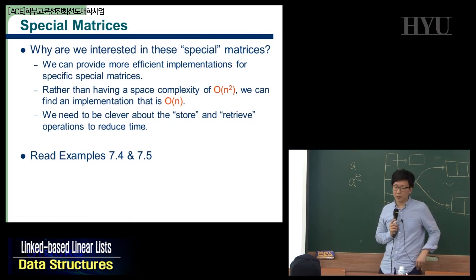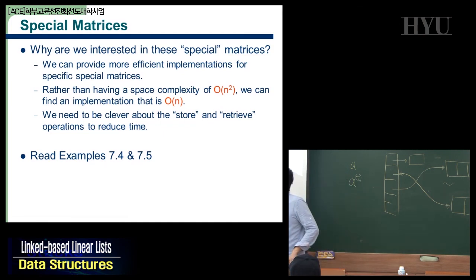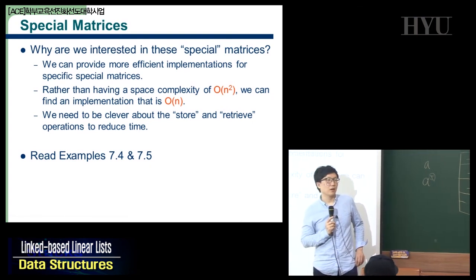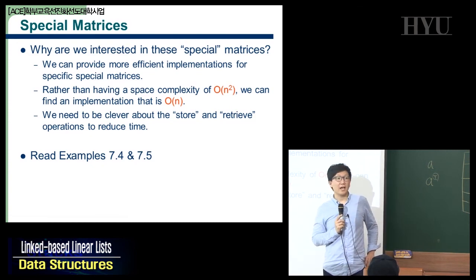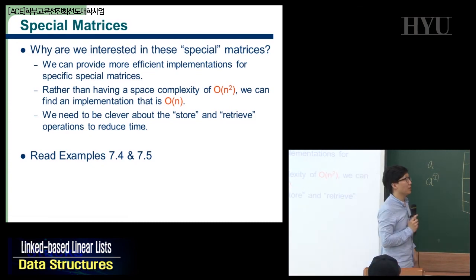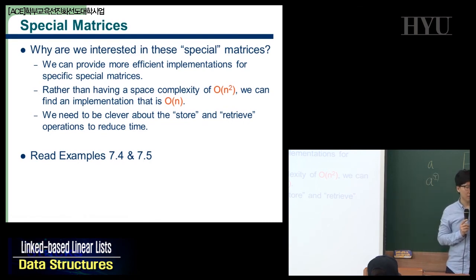We need to be clever about store and retrieve operations to reduce time. Again, I know where zeros are. I know what the structures are. If I'm dealing with symmetric matrices, I mean ij, ji will be the same. So someone asked me what's the element in position ij. I maybe look up the matrix. Memory lookup.